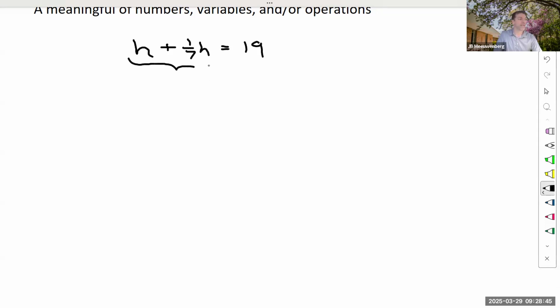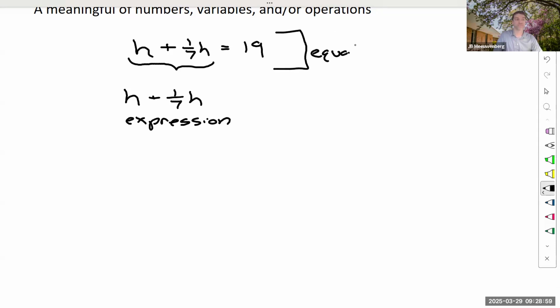This part right here, h plus 1/7 h, that would be an expression, an algebraic expression. The entire thing is an equation. And an equation is made up of expressions on both sides. So an expression, h plus 1/7 times h, there's your algebraic expression.